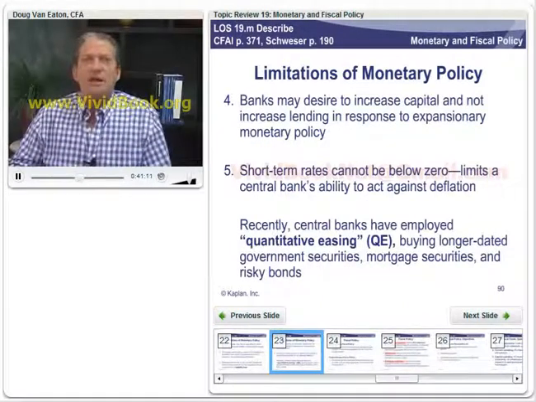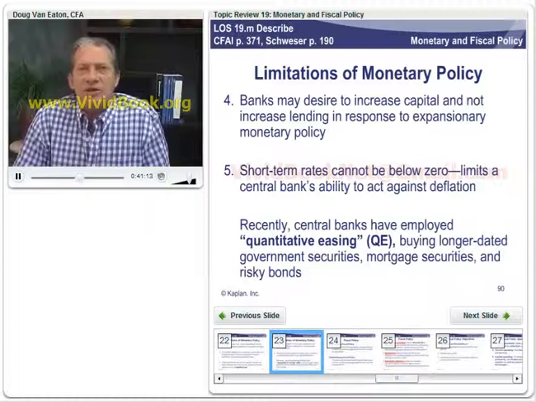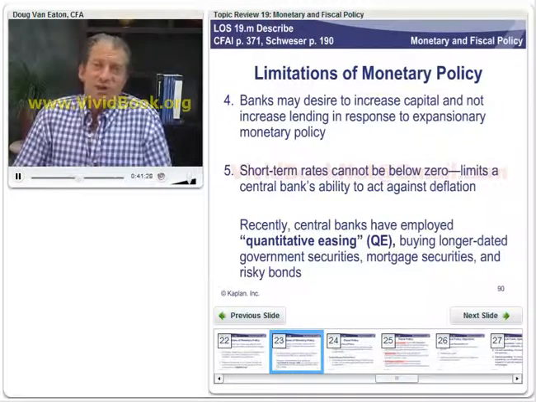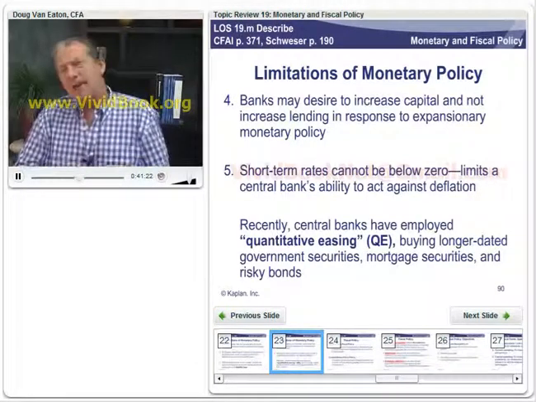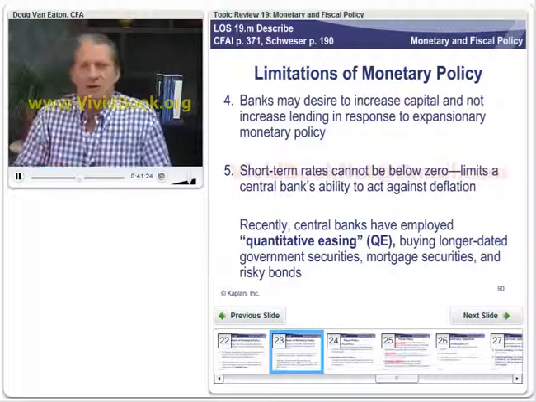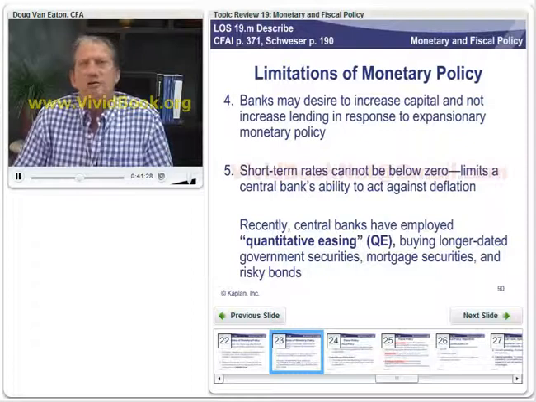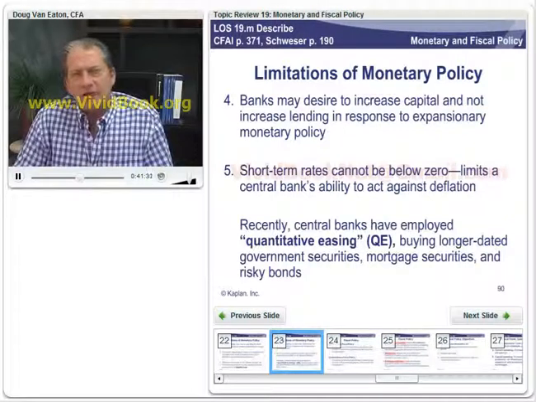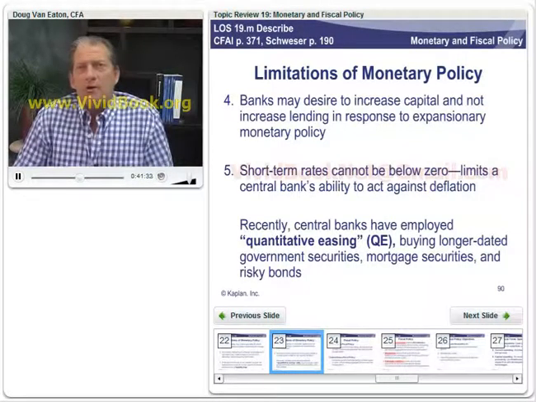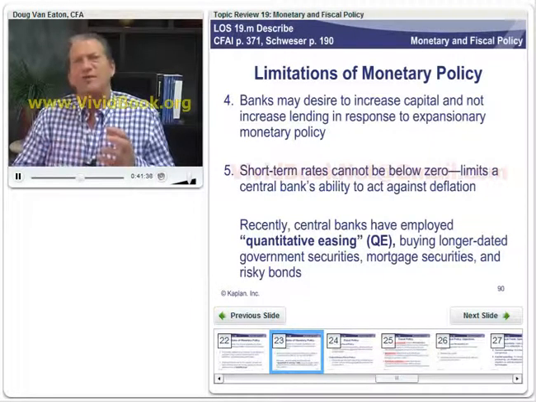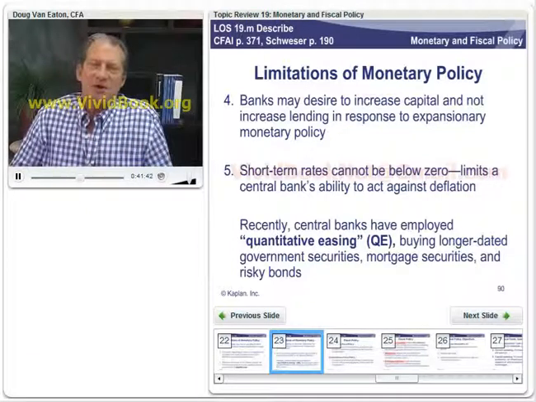Two more limitations. Banks may desire to increase capital and not increase lending in response to expansionary monetary policy. Well, we've seen this in recent history when banks, after the last financial crisis, the credit crisis, I guess it was called at the time. So, as the policy rate was lowered, they expanded the money supply greatly.